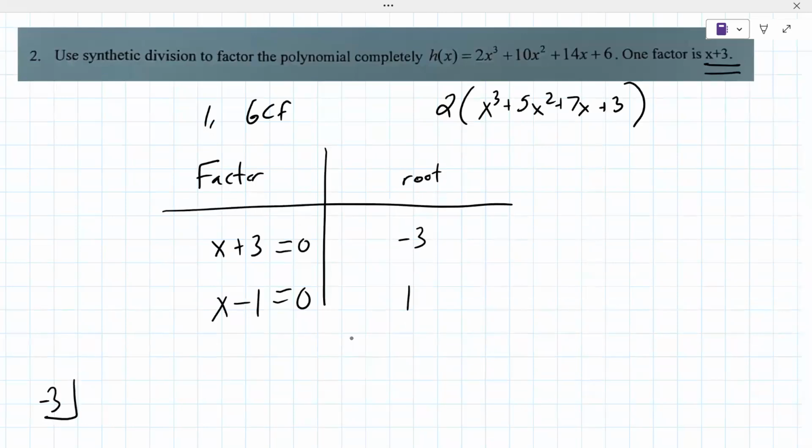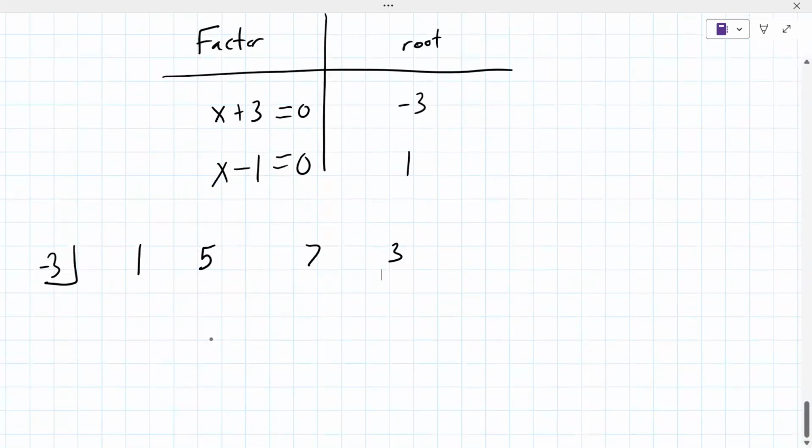And what goes in the box is -3, not +3. Okay. And then you use the coefficients of the reduced form. So that's the 1, the 5, the 7, and the 3. Yeah, probably good for you to try this one on your own. See if you can get down to 0 on this.